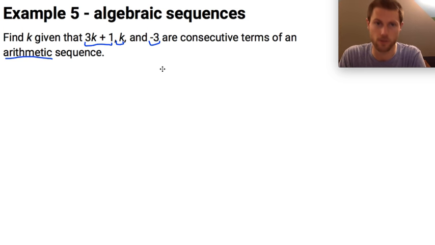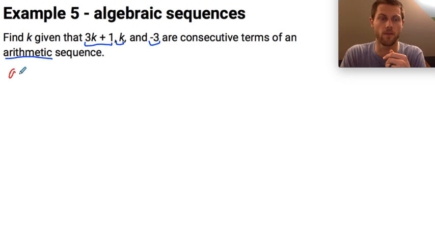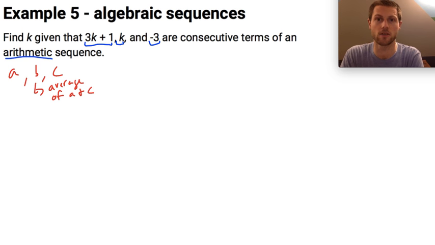But standard operating procedure here is to consider that a few videos ago, we talked about how if we have three consecutive terms, A, B, and C, B is the average of A and C. Because it's smack dab in the middle of A and C, it has to be the average between those two. So we can consider this k to be the middle between 3k plus 1 and negative 3. So the first method is going to leverage that fact.